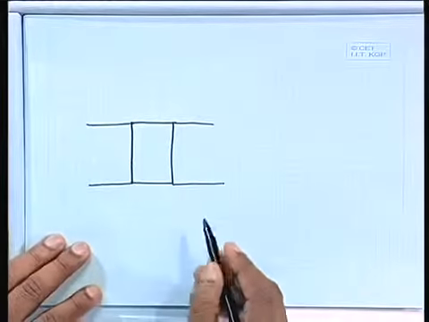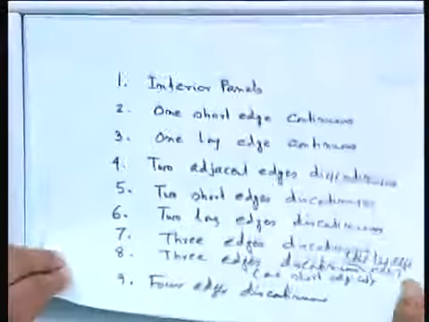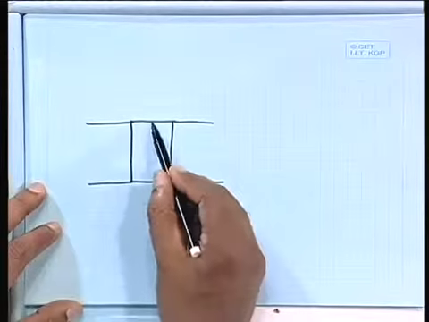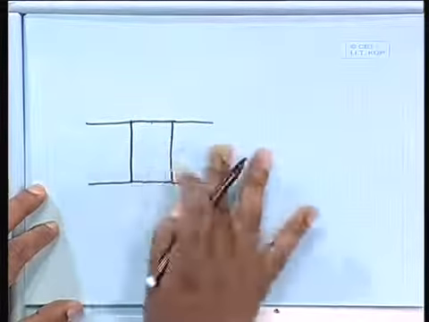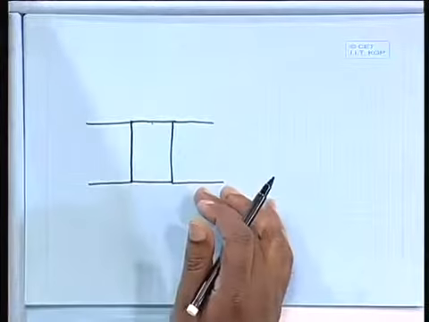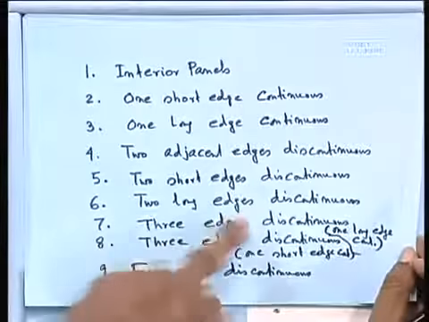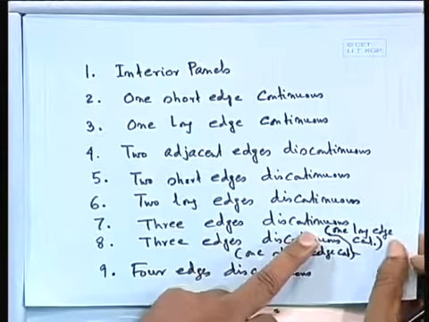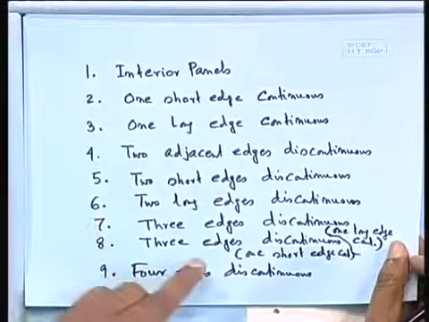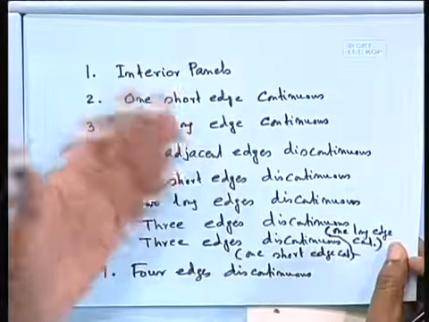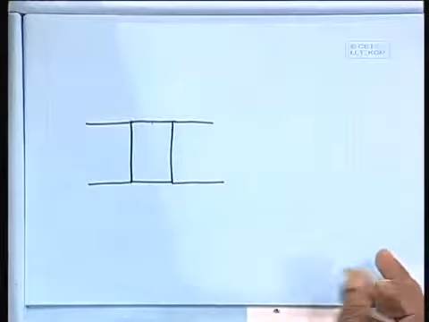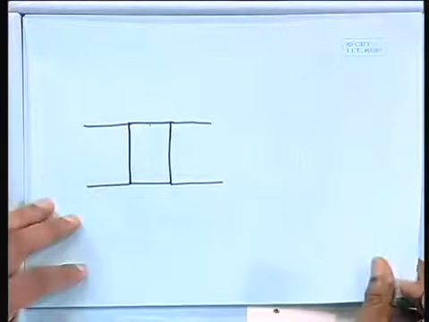If this is the panel, for the case of two short edges discontinuous, we have this type of thing, because this edge as well as this edge is discontinuous, so the longer edge is continuous. So depending on the situation you can get it. Similarly we can get two long edges discontinuous, and three edges discontinuous is also possible, where only one side is continuous, with three edges discontinuous in the shorter side as well as the longer side, two different cases. And four edges discontinuous is also possible, not the simply supported one. We mean to say not the simply supported one.